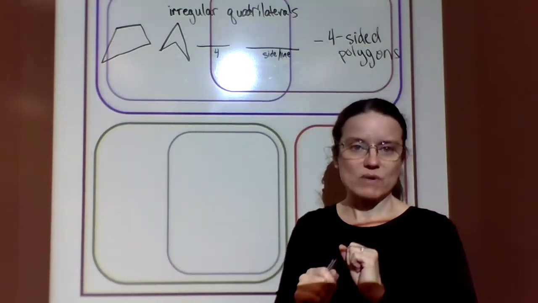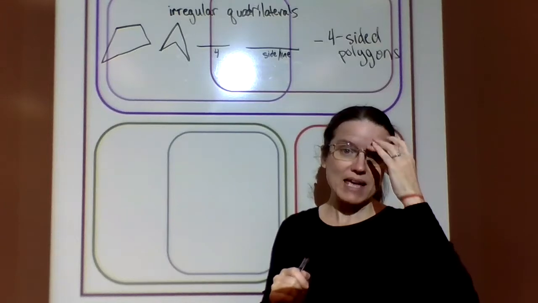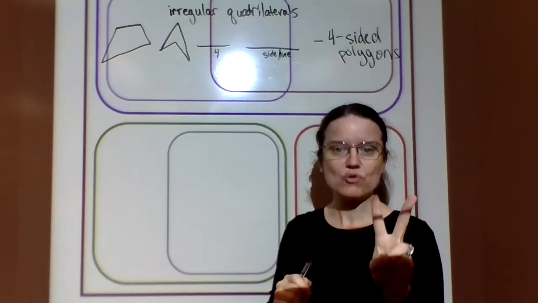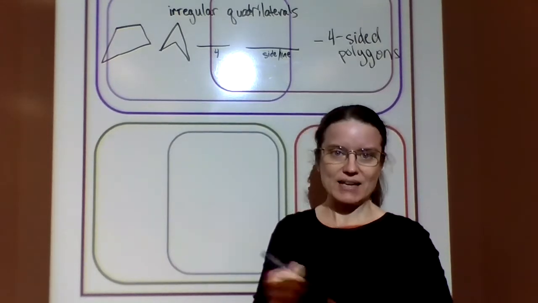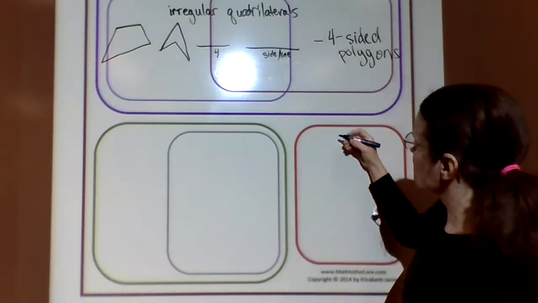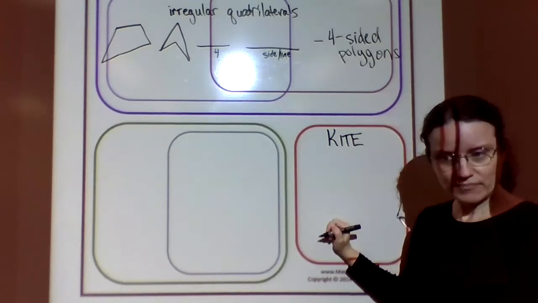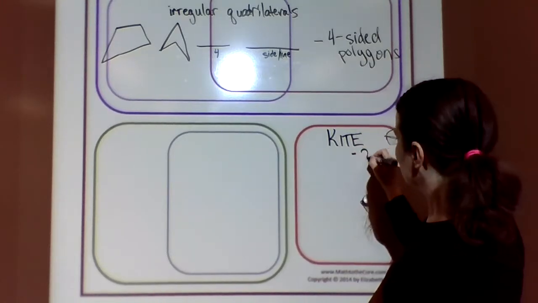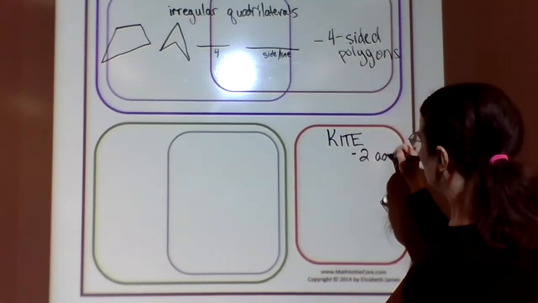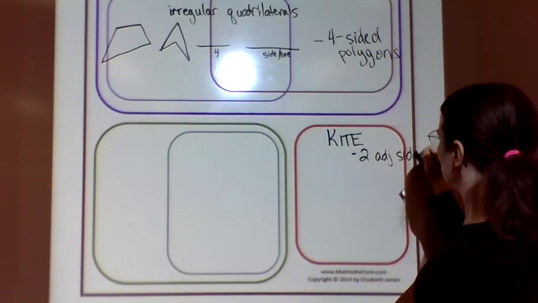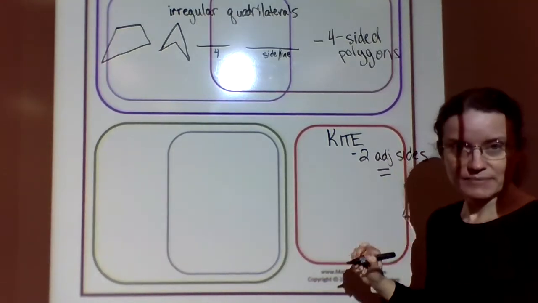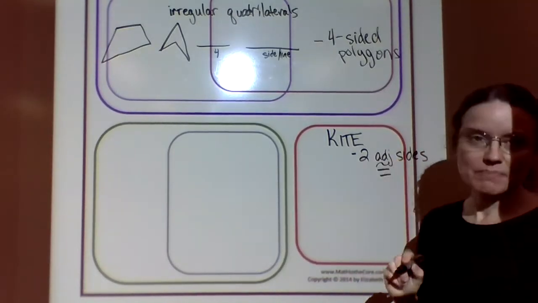We're going to start with the ones that are next to each other. If you make a quadrilateral have two adjacent sides congruent, that is going to give you something that's called a kite. And what makes a kite is two adjacent sides will be congruent, okay?